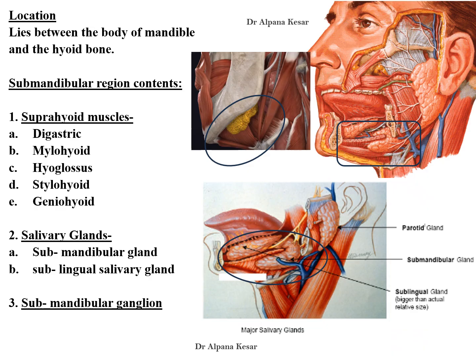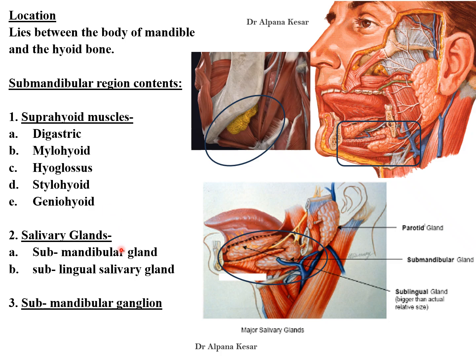Location of the submandibular region is between the body of the mandible and the hyoid bone. The region that has been marked here is the submandibular region. The contents of this region are suprahyoid muscles, namely digastric, mylohyoid, hyoglossus, stylohyoid, and geniohyoid.